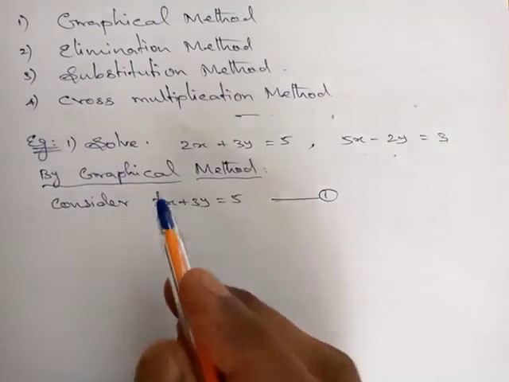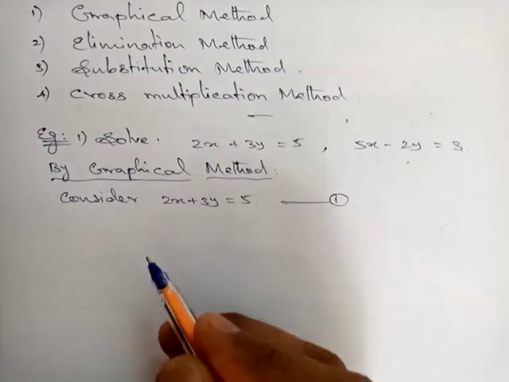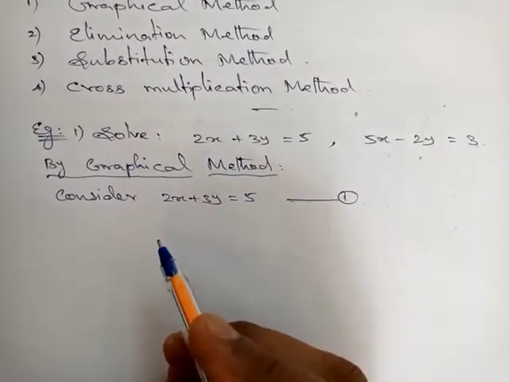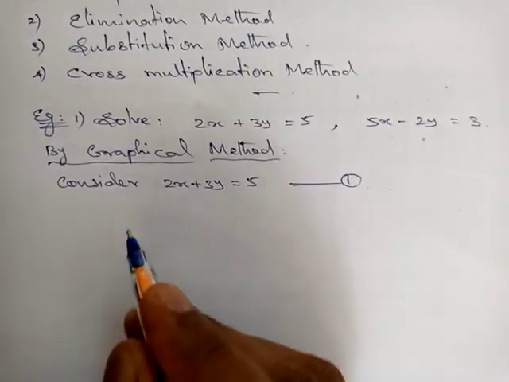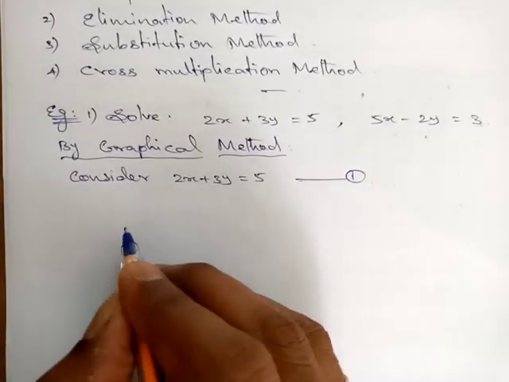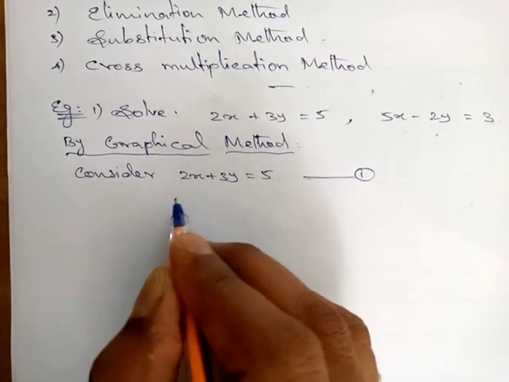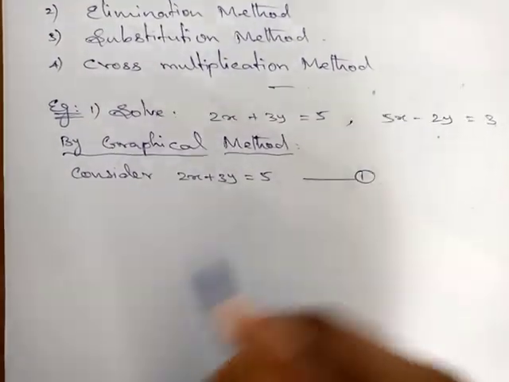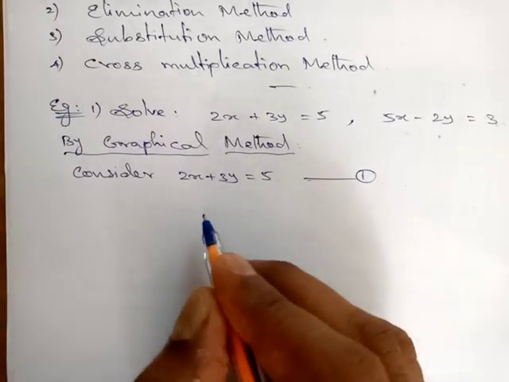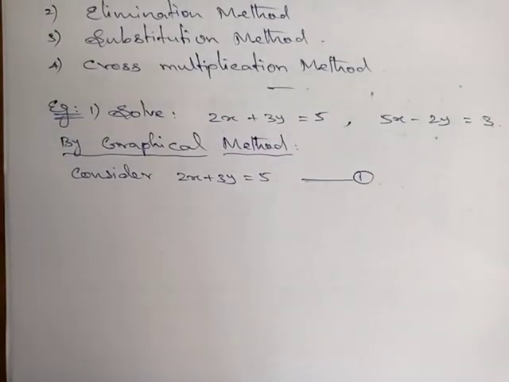Last year itself we learned how to represent a linear equation in two variables or one variable in a graph. For that, we have to consider an x value and find the corresponding y value. First we can write y is equal to something.